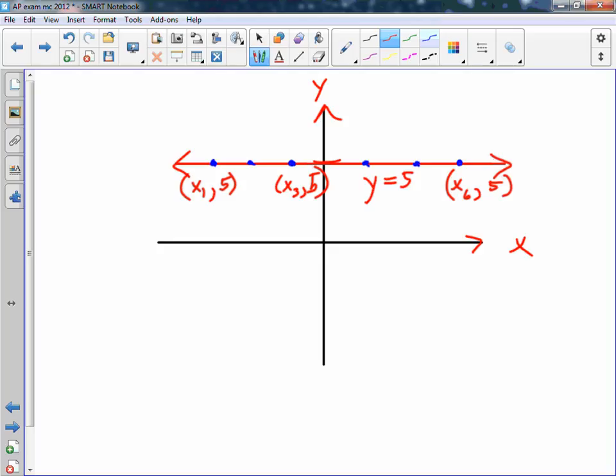Correct? Right. If we say y equals 5, you're happy and it's easy and you go no problem.